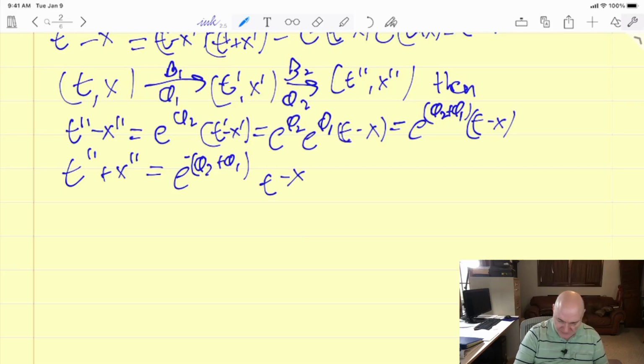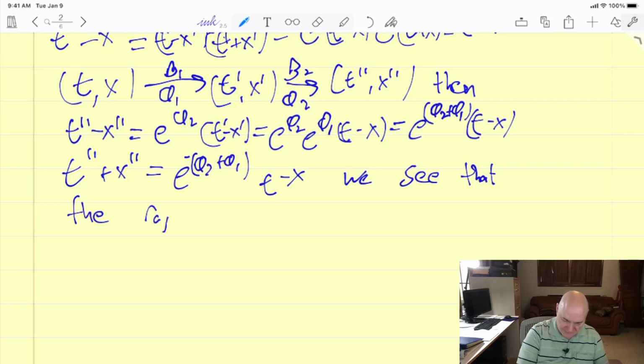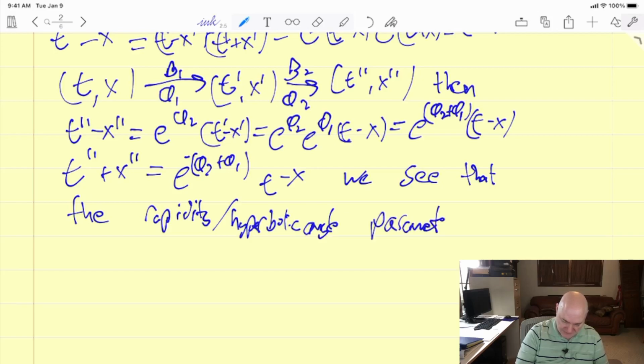So we can see that the rapidity, or hyperbolic angle, parameters add. So that's sort of what we wanted to show.